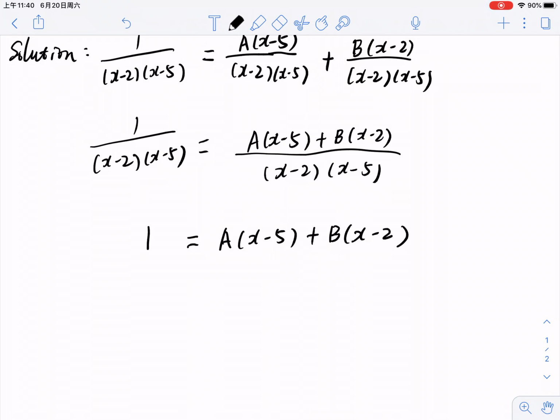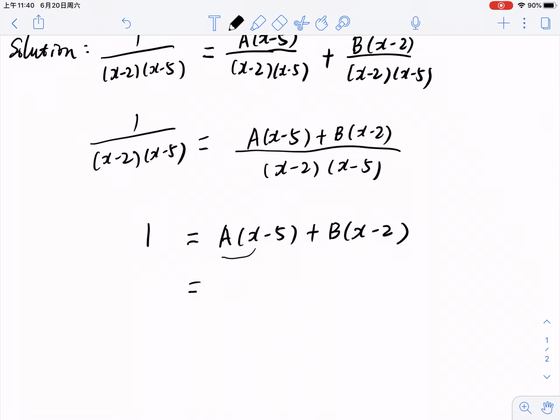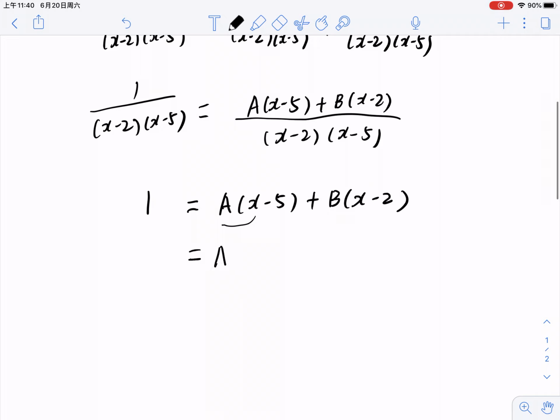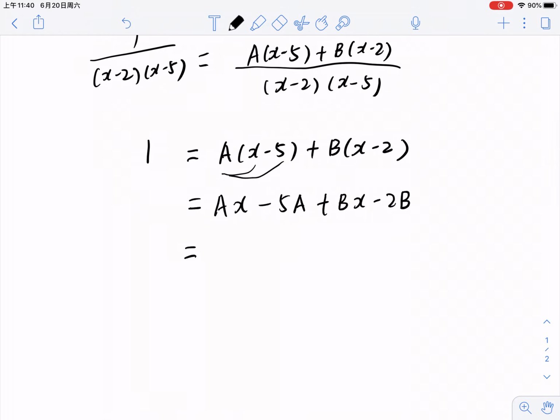Next, we remove the parentheses for the right-hand side. So it's Ax minus 5A plus Bx minus 2B. So next, we group the x terms together. So this is (A plus B)x.